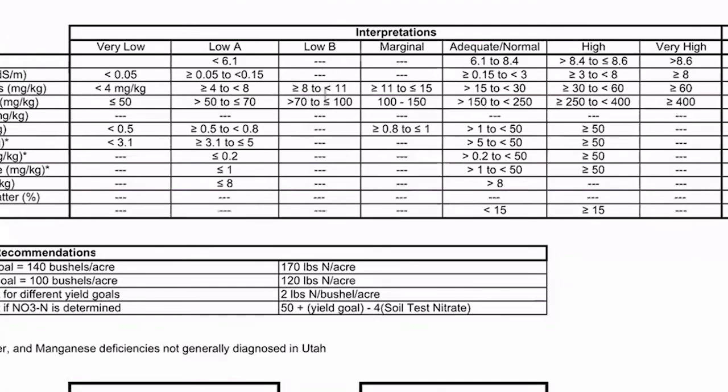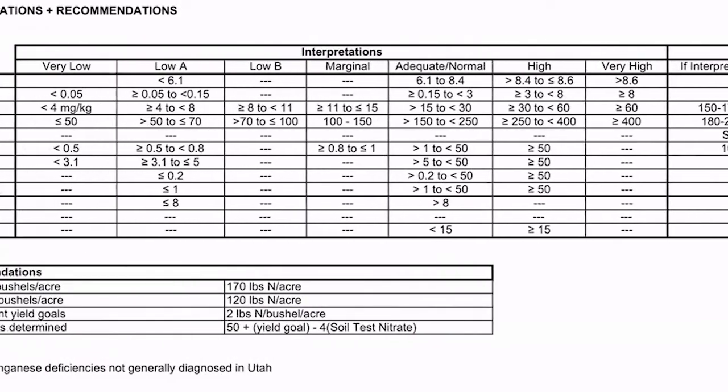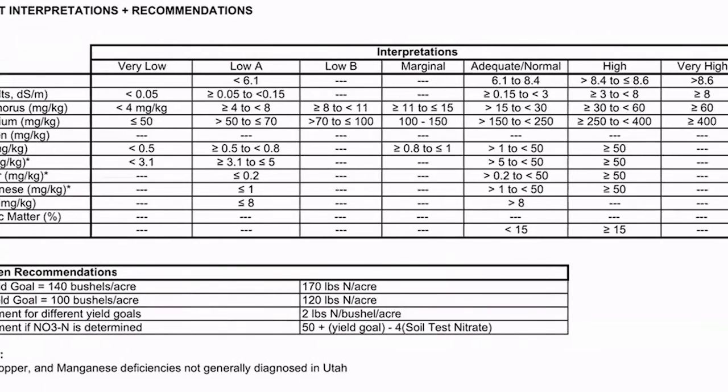When you're between such and such levels, then you apply such and such amounts, a range of possible amounts. Well, in the interest of economics, if you're wondering whether you can use the upper or the lower end of that particular recommendation, you can compare to where you're at in terms of the soil test level.